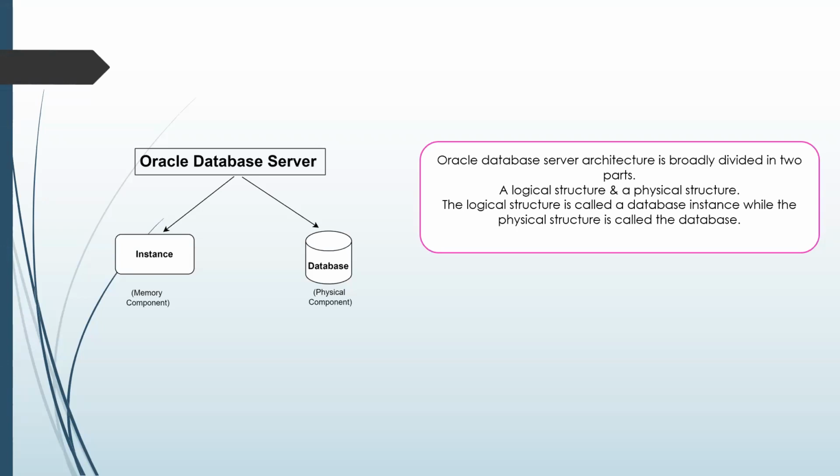So understand this, that the instance which is present inside the RAM, if something goes wrong with the server, the instance will get wiped out. And you as a DBA will need to restart that instance. When we say restart the instance, it means the instance has to be loaded into the memory again.